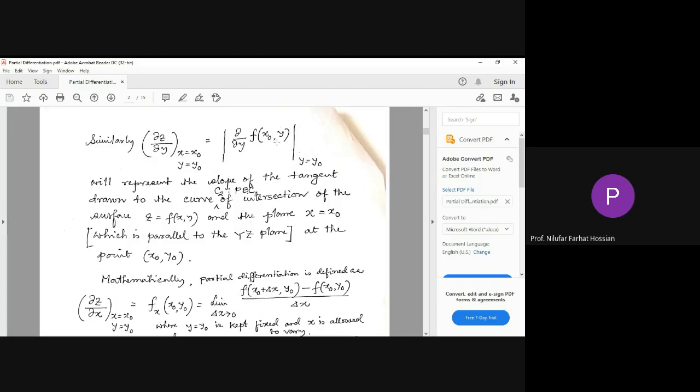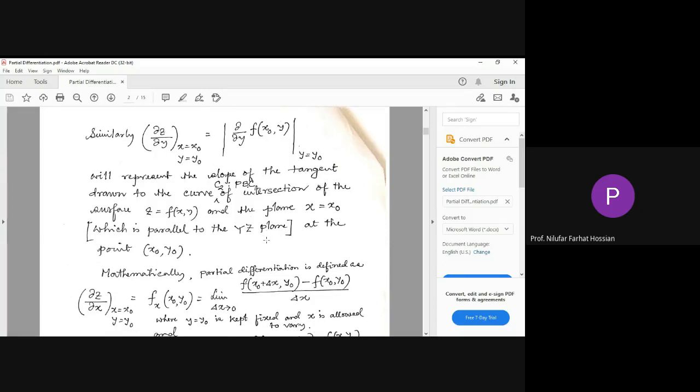It will represent the slope of the tangent drawn to the curve at the point x naught, y naught, where the curve is the intersection of the surface z equal to f of x y and the plane x equal to x naught, because x is considered constant from the very beginning. And this plane x equal to x naught is parallel to the yz plane.